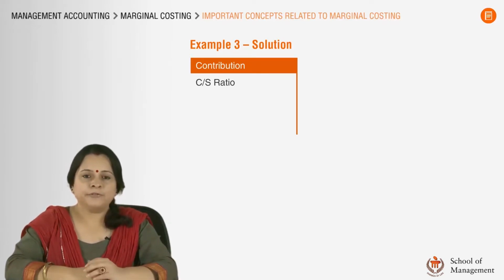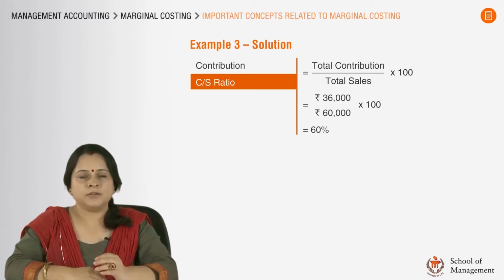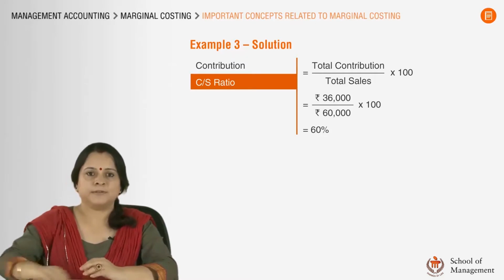We know the formula for CS ratio is total contribution divided by total sales into 100. Plugging the numbers into the formula, we get CS ratio as 60%, that is 36,000 divided by 60,000 into 100. The way to interpret the CS ratio is, for every 100 rupees of sales made by the company, the company is able to generate a contribution of 60 rupees.